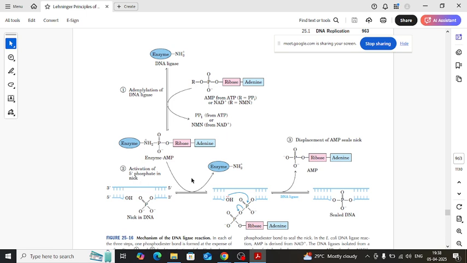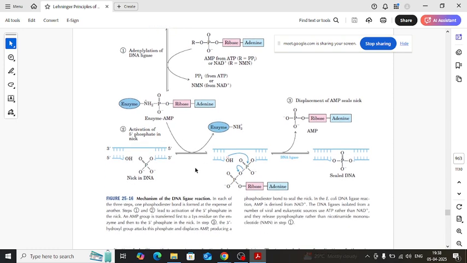So first of all, this AMP will be transferred to this nicked DNA along with the phosphodiester bond.